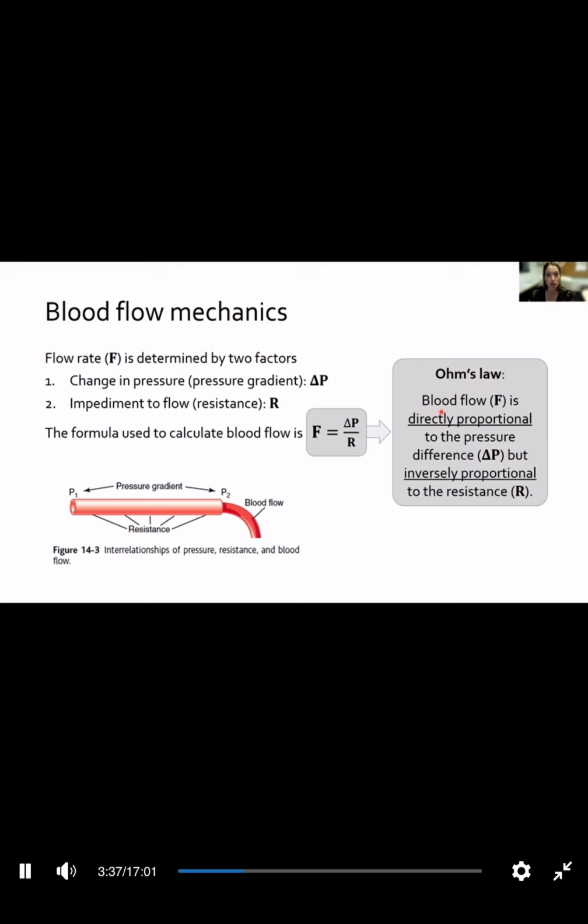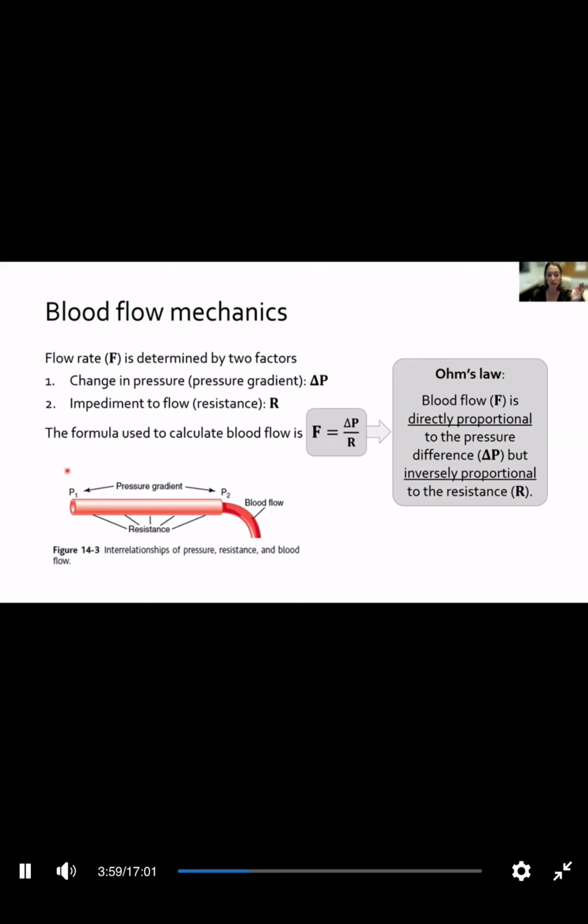So blood flow is directly proportional to the pressure difference in that vessel, but inversely proportional to the resistance in the vessel. Think about this: if the change in pressure is high, the flow rate is going to be high as well, directly proportional.